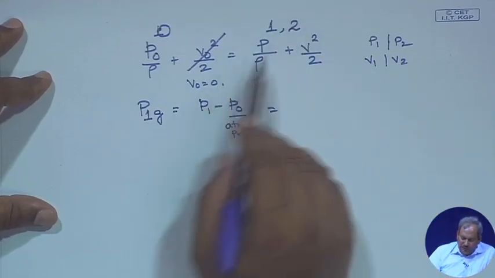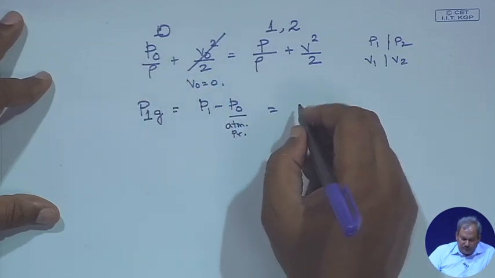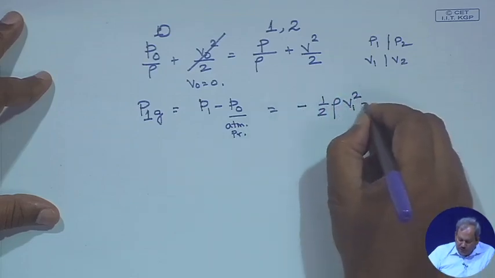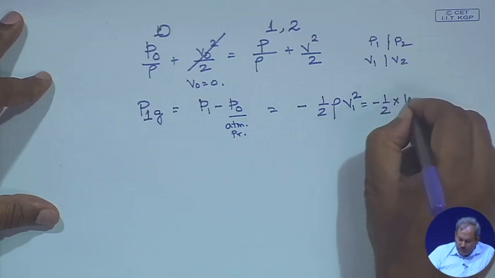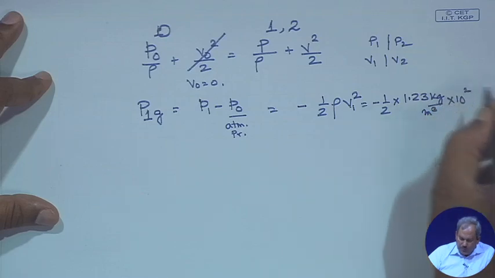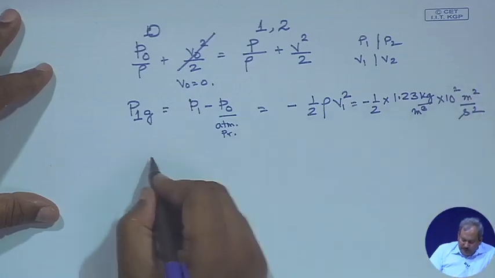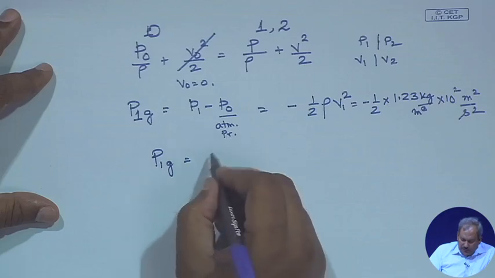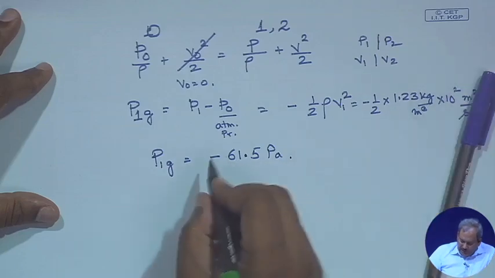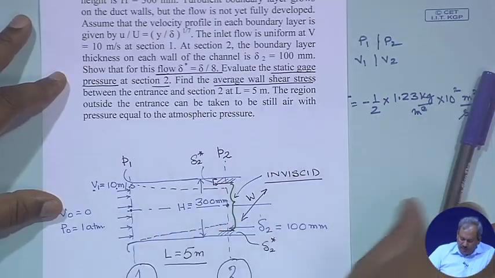So, if I write it for location 1, then P1 minus P0, which is the gauge pressure, would simply be equal to minus half rho V1 square, which after you put the values of rho, and this P1g would turn out to be minus 61.5 Pascal.